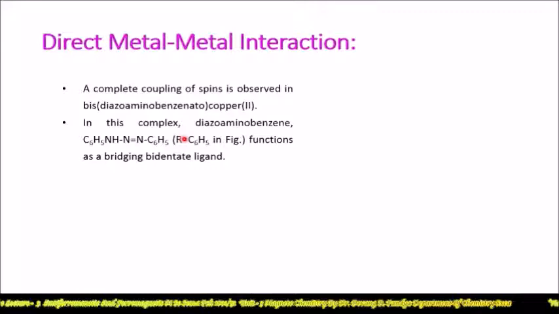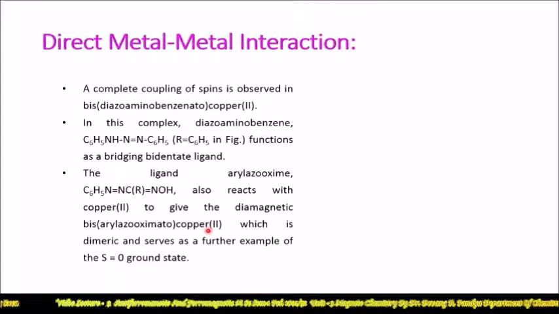The ligand aryl azooxime, that is C6H5N=N-CR=NOH, also reacts with copper 2 to give the diamagnetic bis aryl azooximato copper 2 compound, which is dimeric and serves as a further example of the S equal to 0 ground state.